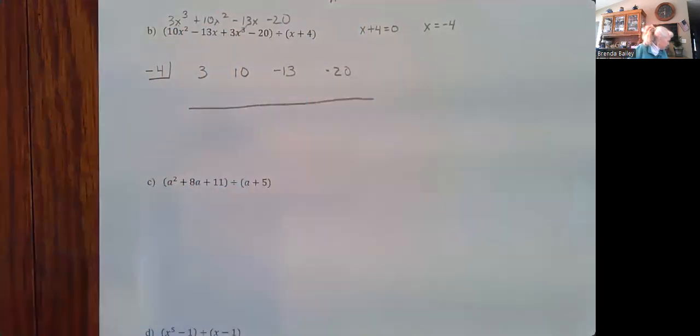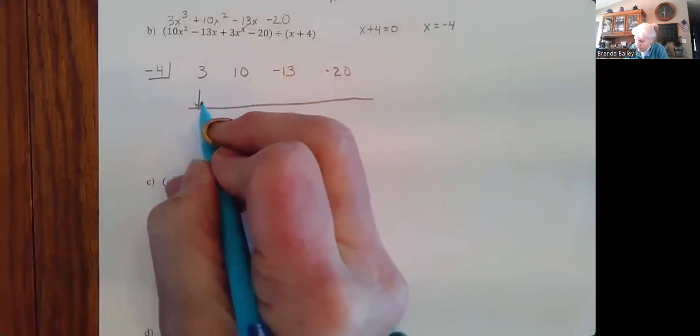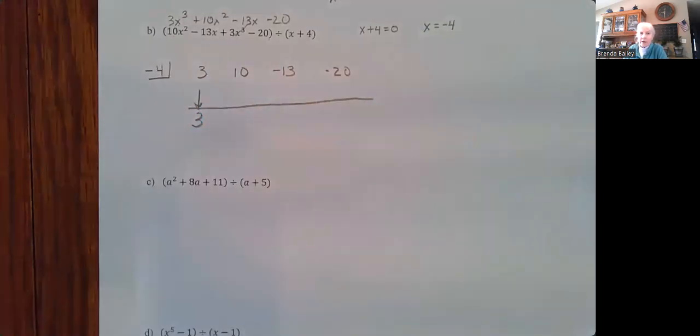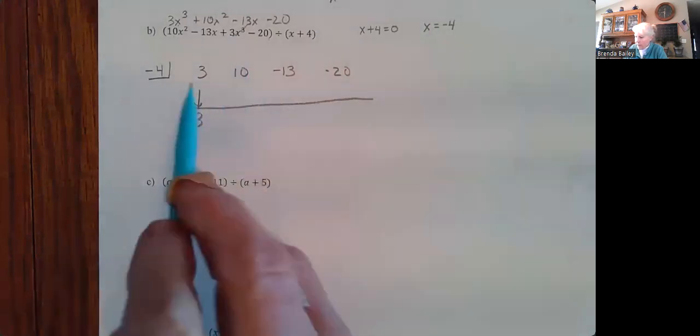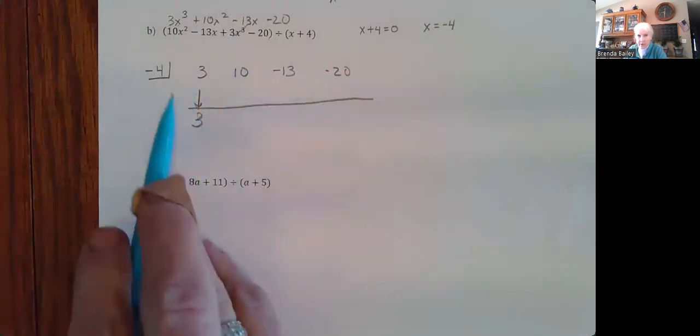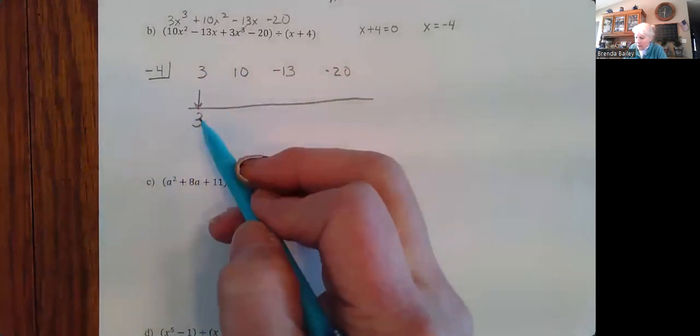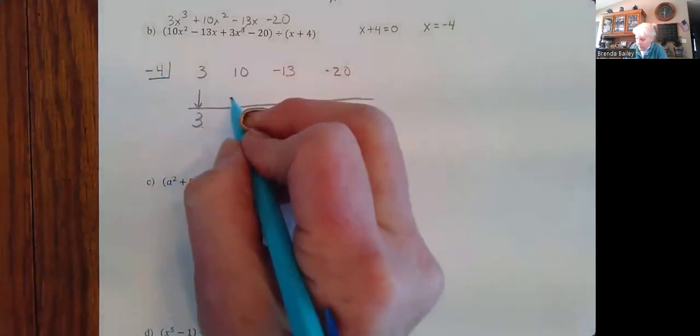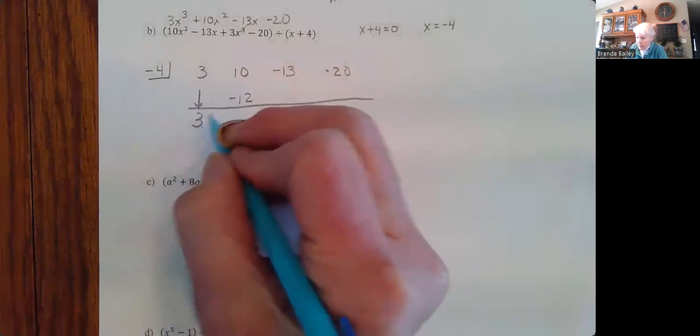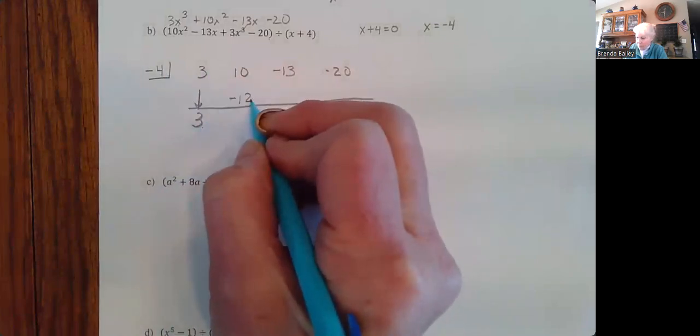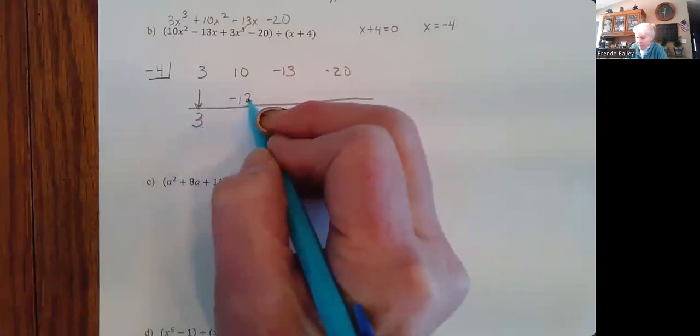All righty, so now to start. We just drop the 3. That's how you start, just drop it down. So again, once you get it set up, that's the hard part, and then this isn't really too bad. Drop it down, multiply. Negative 4 times 3 is a negative 12. So when you multiply them, you put them underneath the next number.